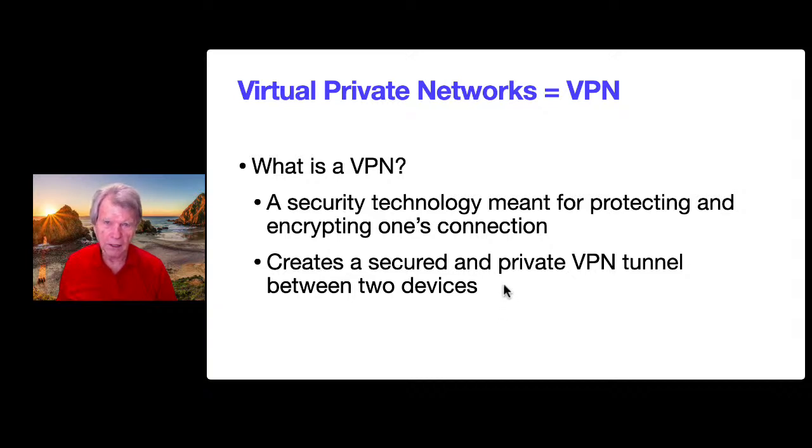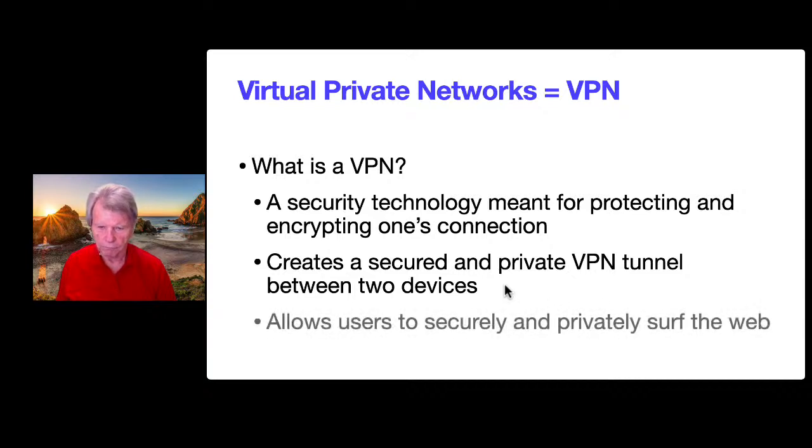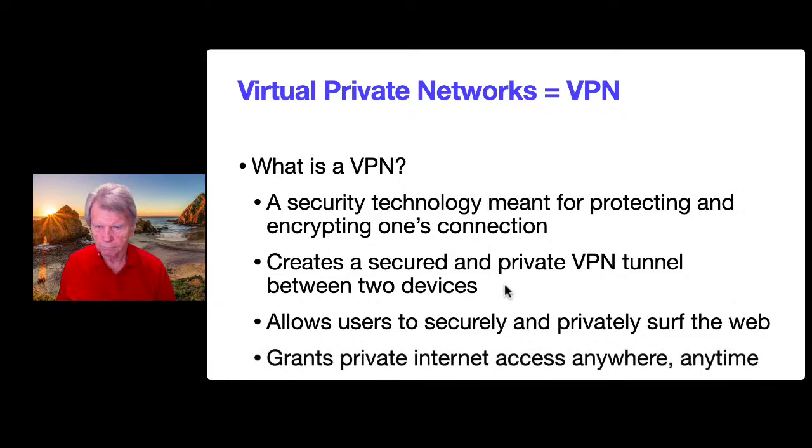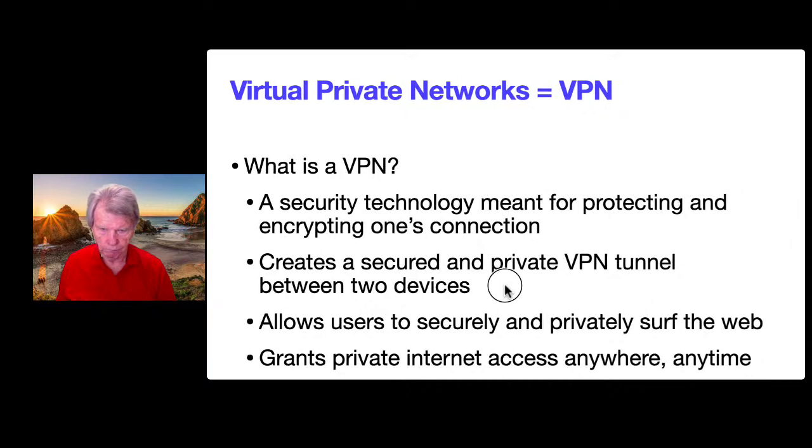So one device obviously is your computer or your iPad or your iPhone. The other device is a VPN server that connects you to the internet. So it allows users to securely and privately surf the web. And it grants private internet access to anywhere, anytime.